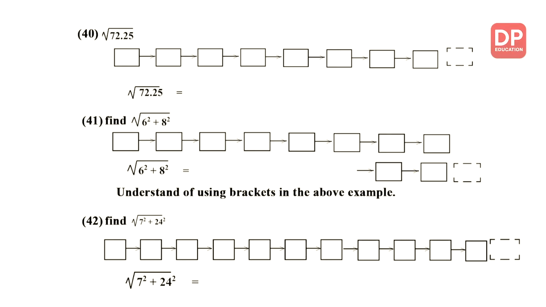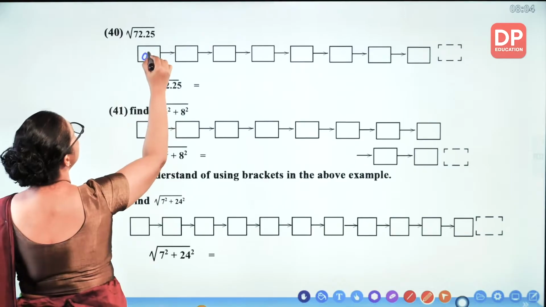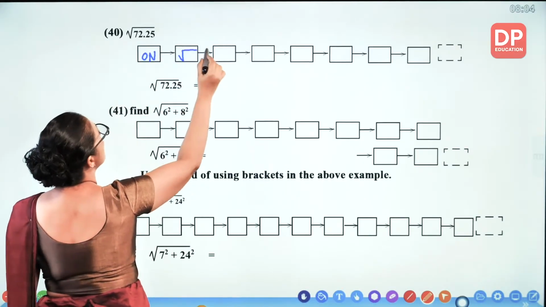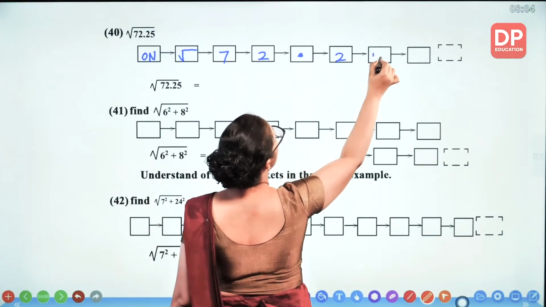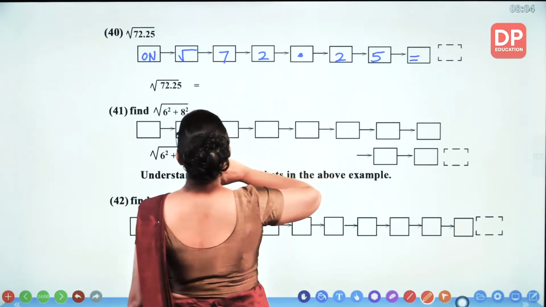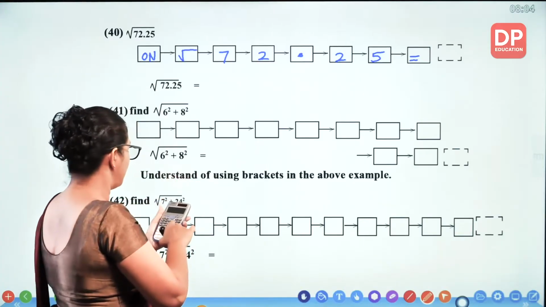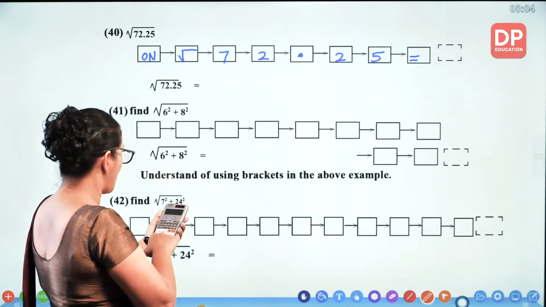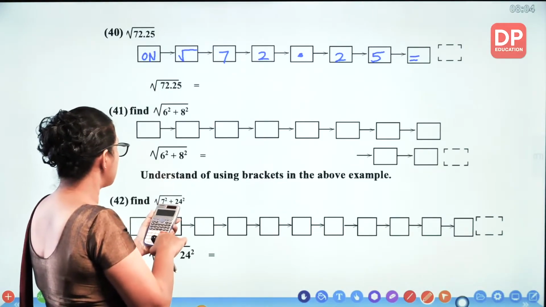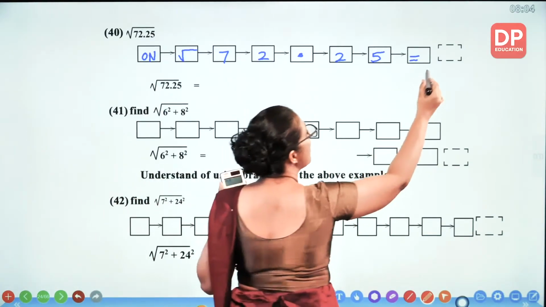Square root of 72.25. Switch on, square root of 72.25 is 8.5.